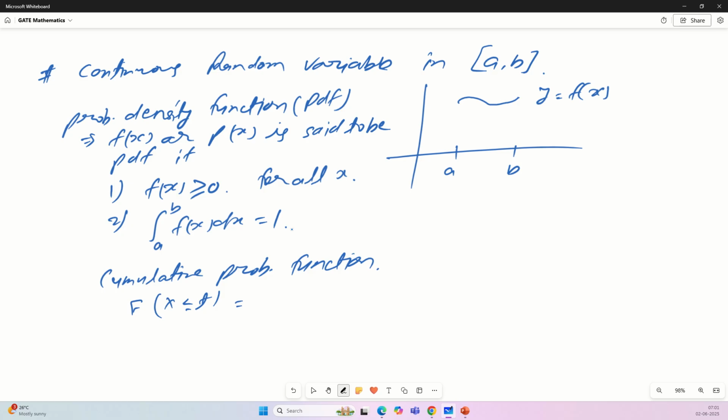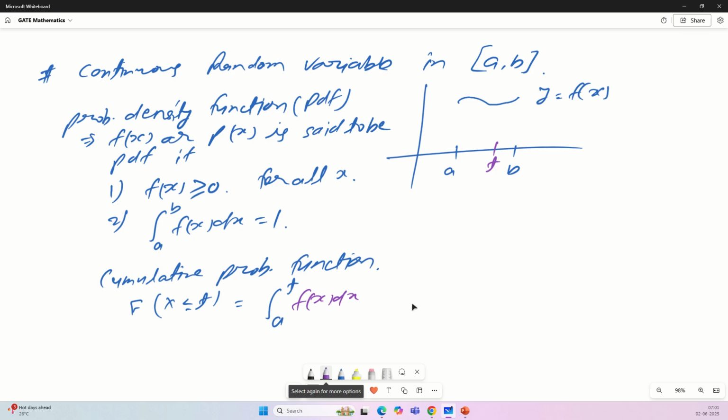You have to find it from the same function f of x. So that will be a to some value t, and this t can be any value between a to b. Up to t you want to find cumulative probability. From a to t you have to sum them all, or if it is continuous you have to integrate them all. So it will be f of x dx. Understood? So hope you have a good understanding now that F of x less than or equal to t is equal to integral a to t f of x dx.